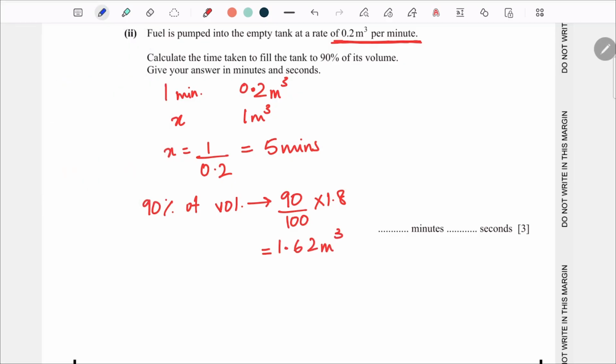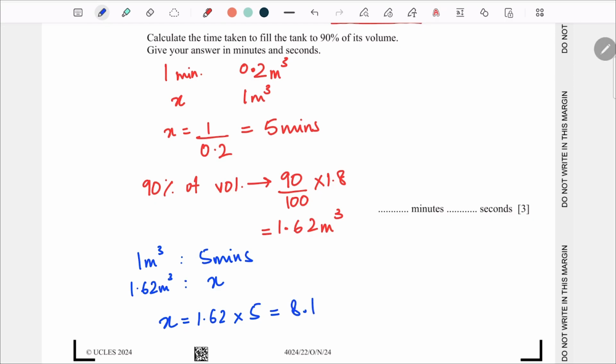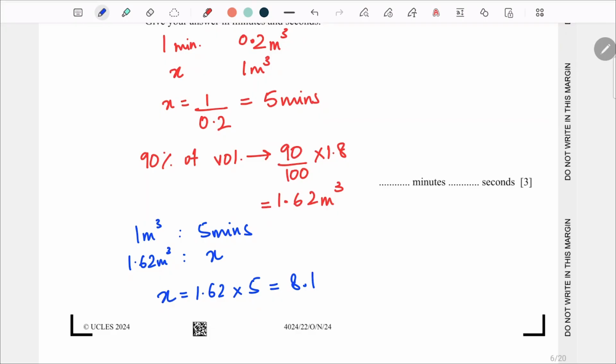So finally, I'm just going to multiply. If 1 meter cubed is being filled in 5 minutes, so 1.62 meter cubed is going to be filled in x minutes, and x is going to be 1.62 multiplied by 5, which is equal to 8.1. 8.1 can also be written as 8 and 0.1.